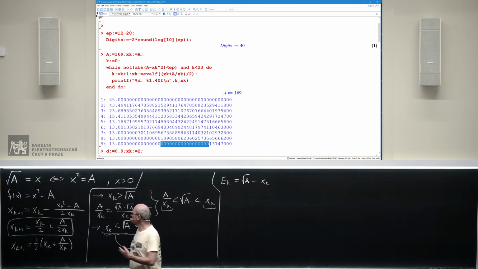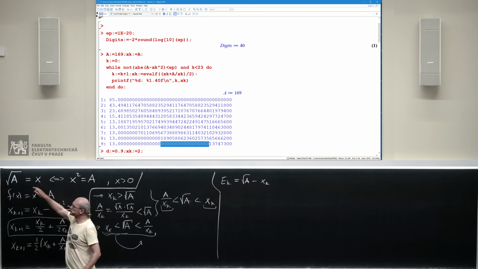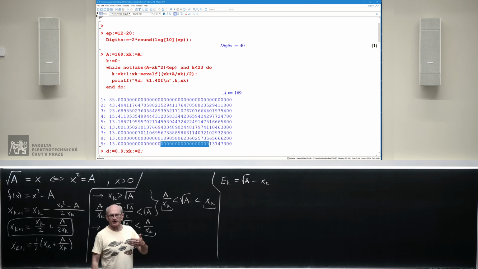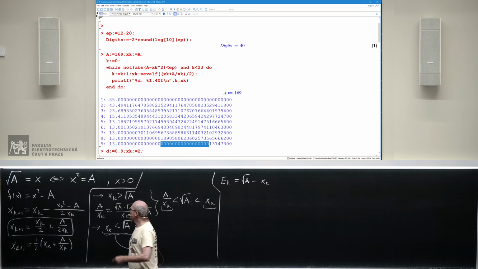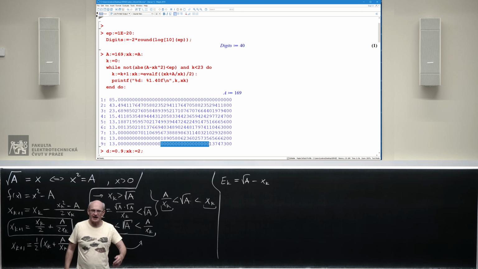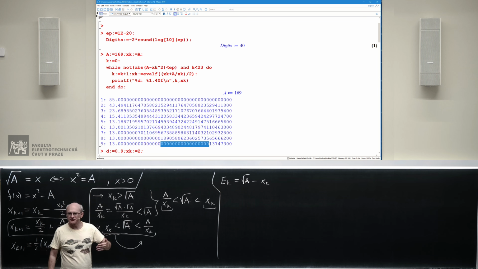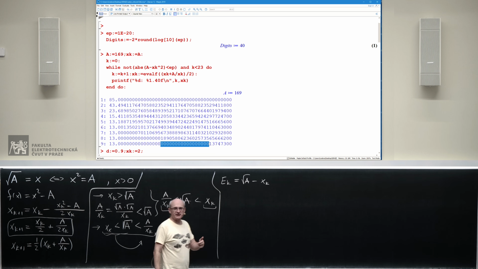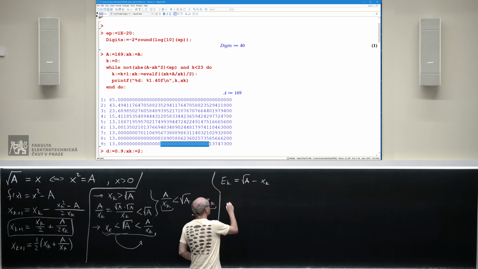They ask, okay, I'm looking for some number x. What is the job of the number x? What is the purpose? And the answer is, I'm looking for a number so that if I square it, it becomes a. So this is actually a measure, this difference, of how much my number failed to do its job. And this is called residual. And we will talk about it later quite a bit more.